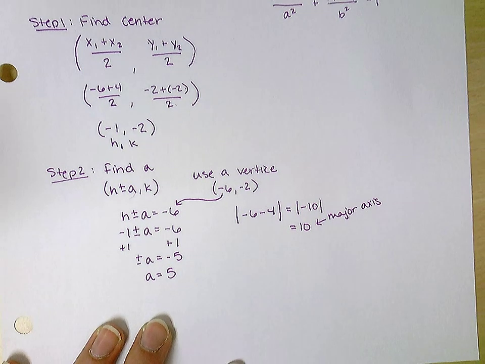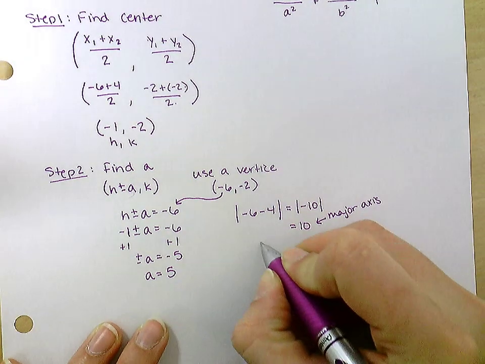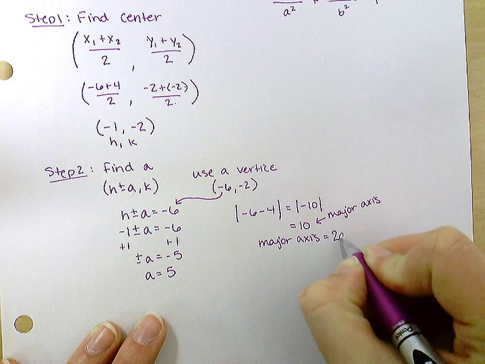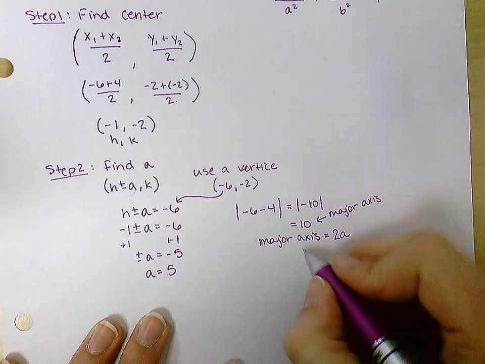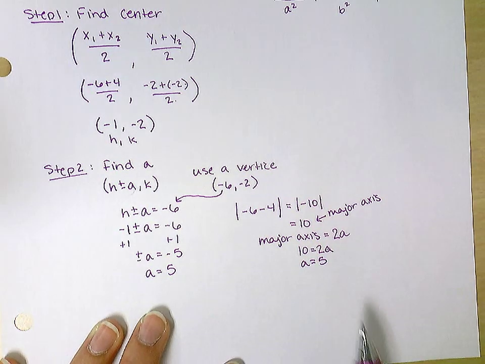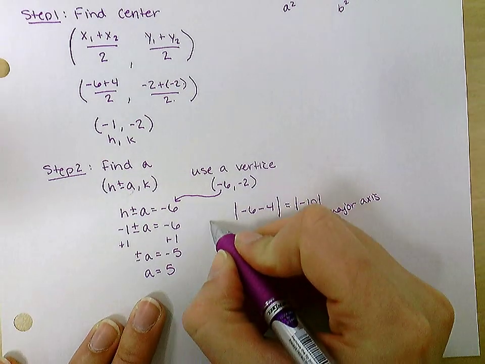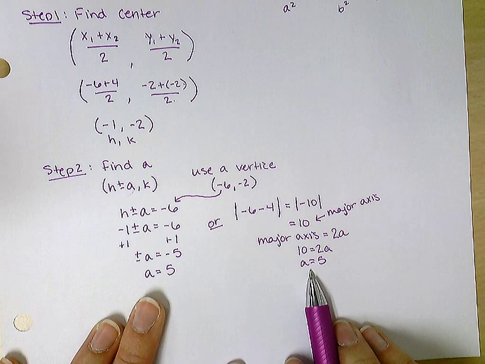Do you remember how to find a if you have your major axis? Your major axis is equal to 2a. So I would have 10 is equal to 2a. So again, a is 5. These are your two different ways to figure out what a is.